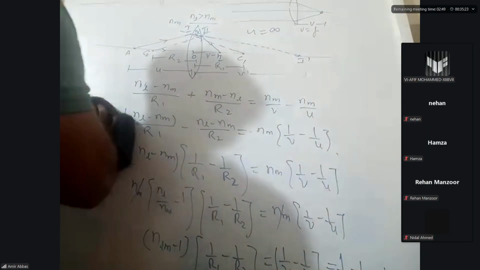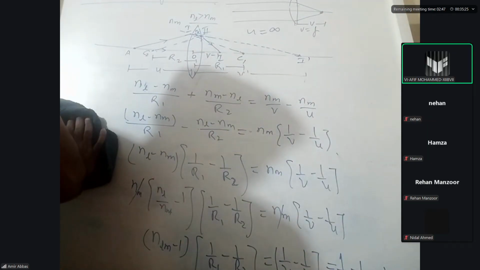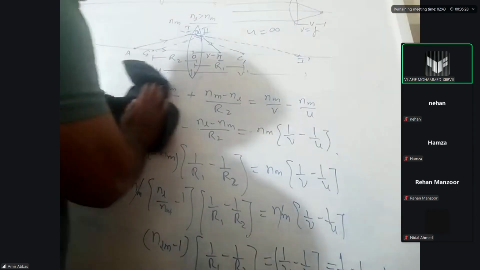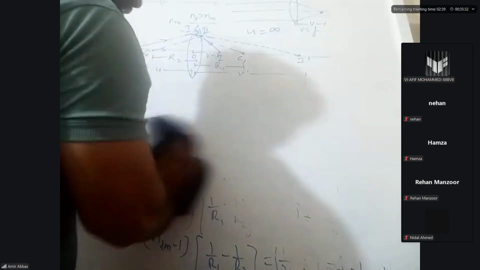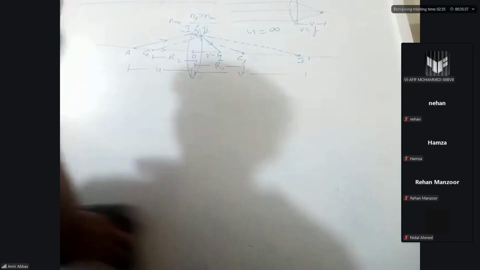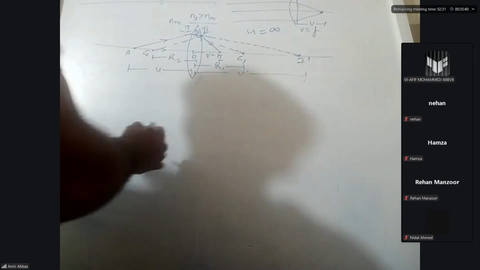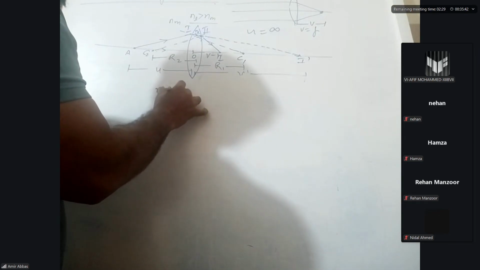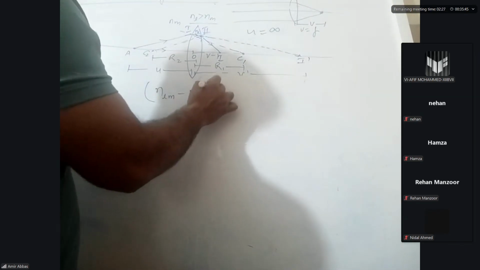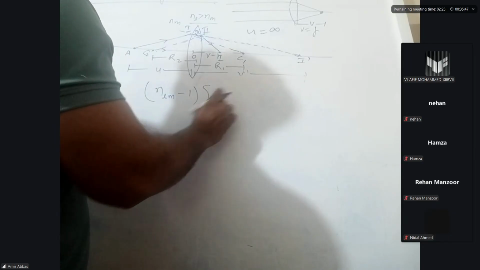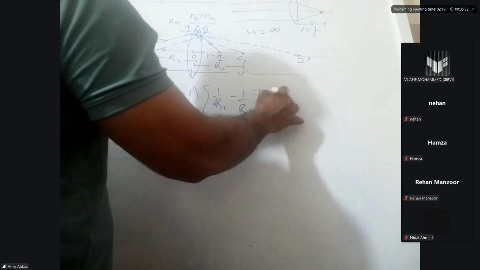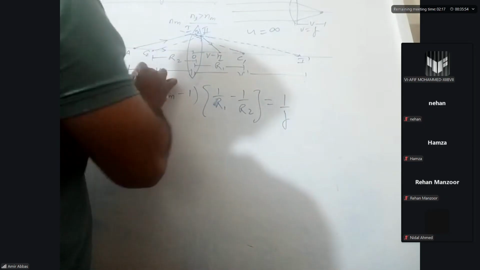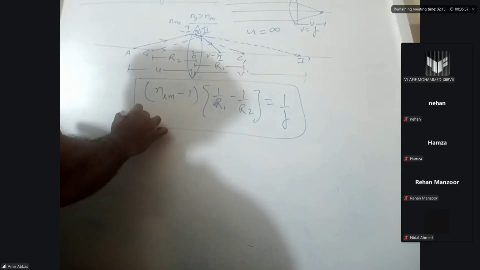Okay, so the equation will become NLM minus 1 by R1 minus 1 by R2 equals 1 by F. And this is the lens maker formula.